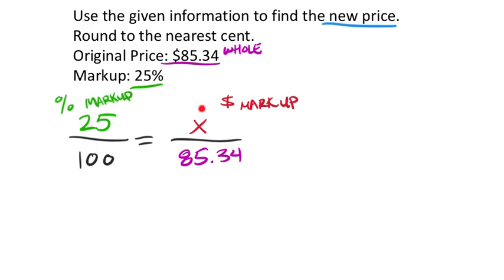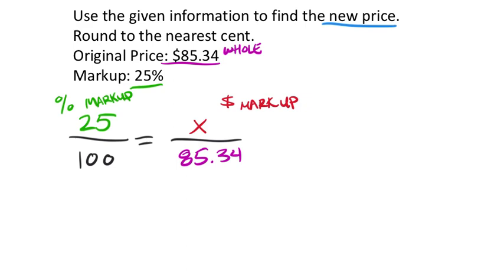Okay, so there should always be some kind of correspondence with your numerators and denominators. The numerator is percent markup and then dollar markup, okay, because we can compare these across. And then the denominator is 100% of the price, I guess. And then the second denominator is the original or whole price.